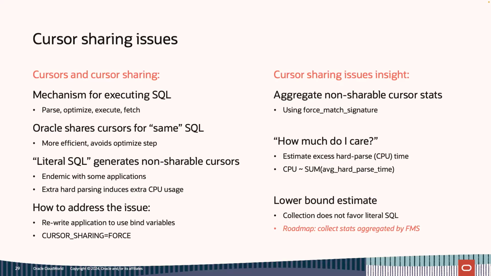Well, the main way to address the issue is to realize that you've got an application problem and it really should be rewritten. Now, way back in Oracle 7, a back-end fix was invented called cursor_sharing equal force, an initialization parameter that could tell the database, anytime you see one of these literals embedded in a SQL statement, just turn it into a bind variable and then compute a SQL ID, and then they'll come up with the same SQL ID.